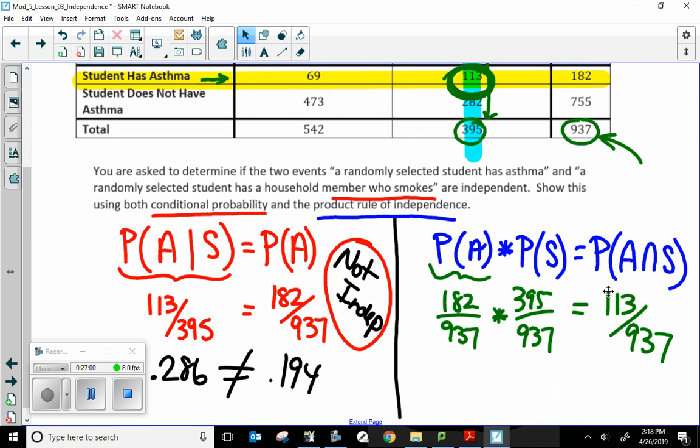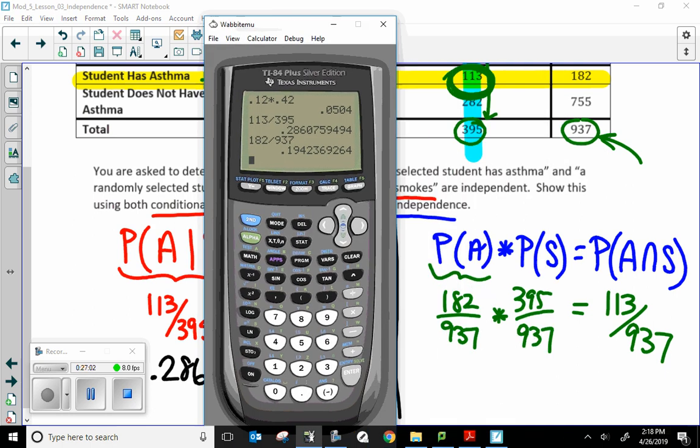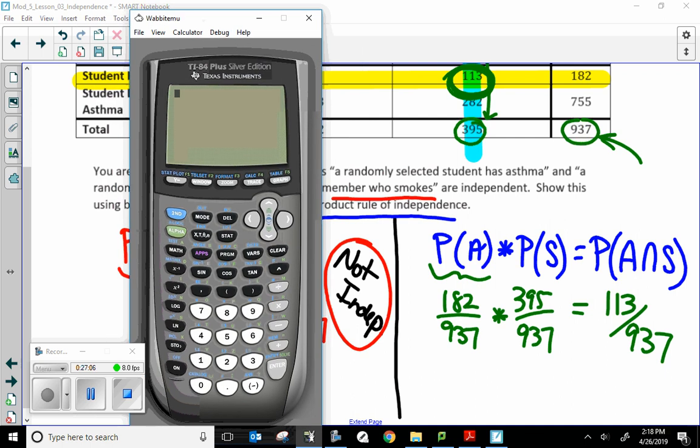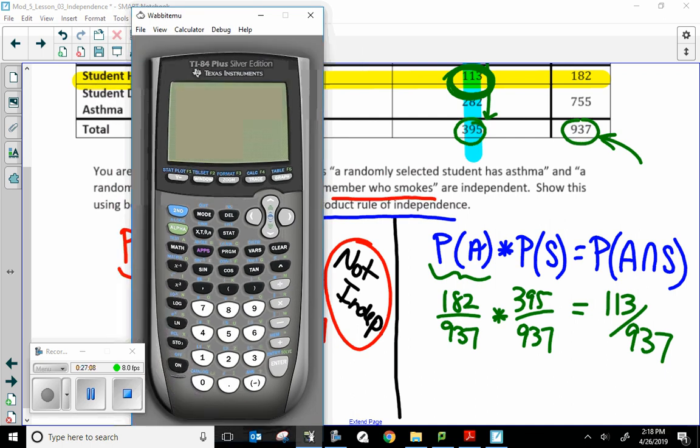We have a calculator. Let's go here and check it out. We've got parenthesis 182 divided by 937, times 395 divided by 937.